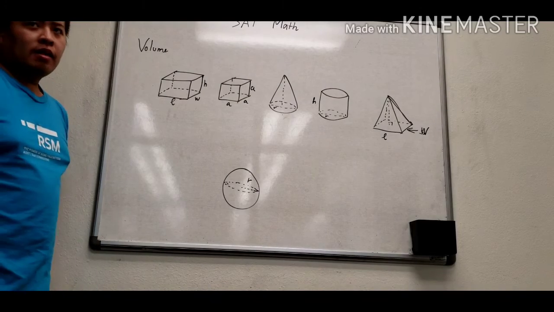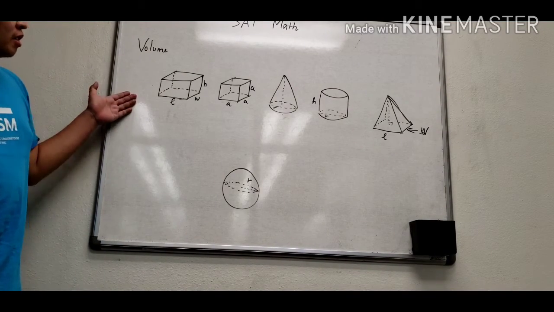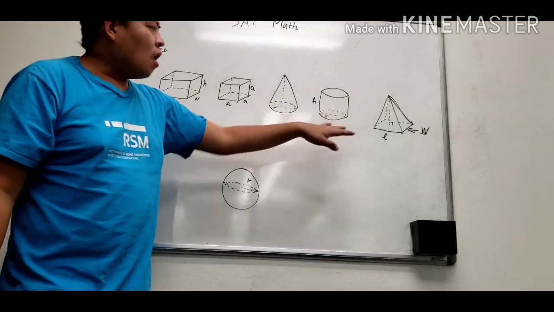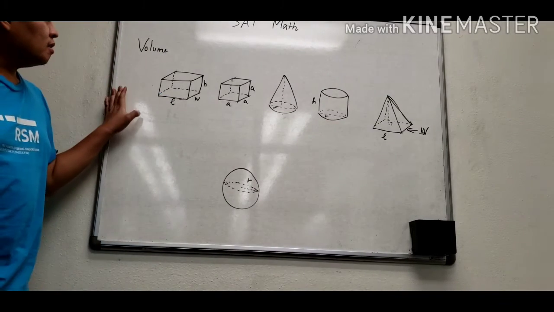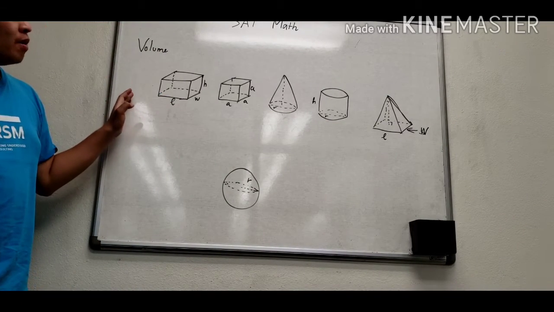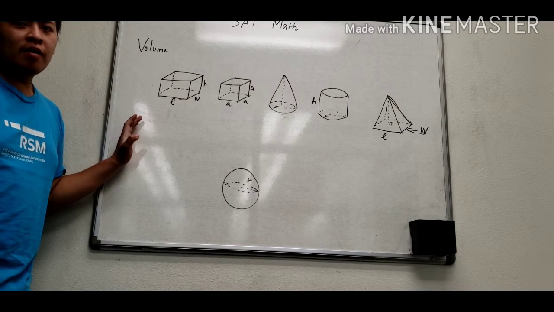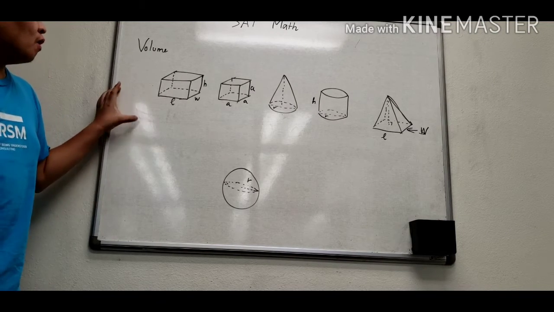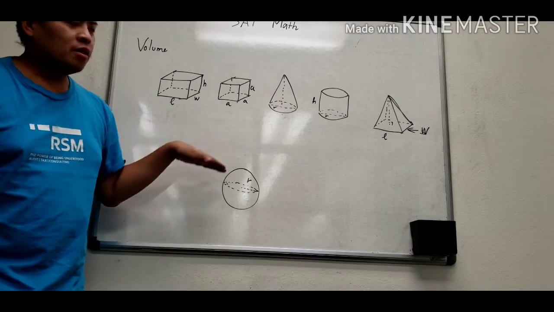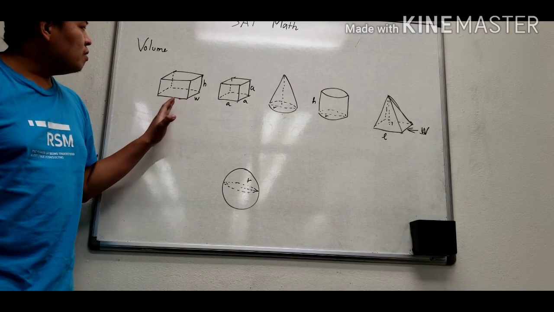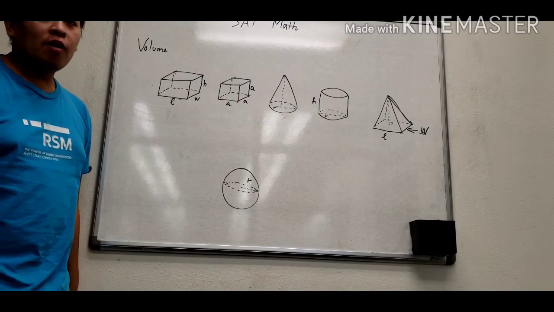Hello everybody, in the volume topic you just concentrate on 6 objects, because many SAT math tests provide the volume formulas at the beginning. On the first page you have the formula of the volume of each object, and you need to learn how to find the volume.